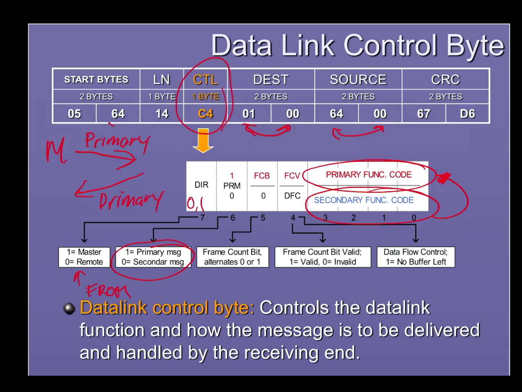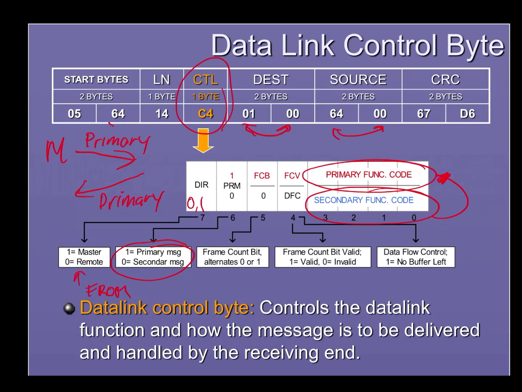But if a primary message goes out and it's looking for data link layer confirmation, then what you're going to have is a secondary message coming back, because that's saying you were looking for confirmation at the data link header, I'm providing it.